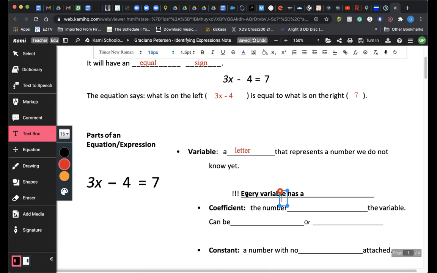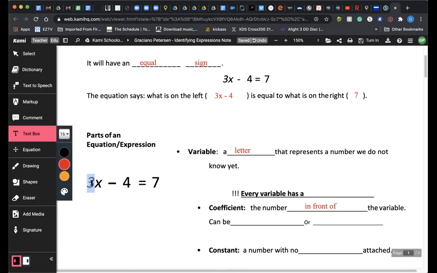Every single variable in an equation or an expression has a coefficient. The coefficient is the number that we see in front of the variable. So what is the coefficient in this equation? 3.